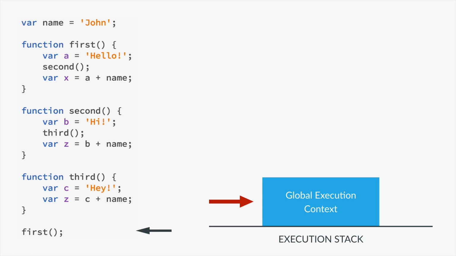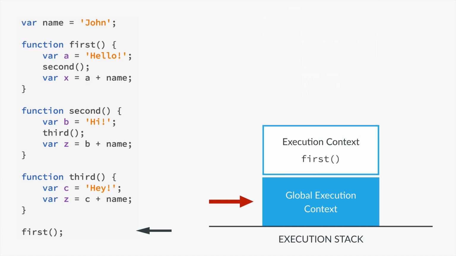And as I mentioned before, a new function gets its new execution context. And what happens is that this new context is put on top of the current context, forming the so-called execution stack. So for the duration of this first function call, the execution context for that function becomes the active context in which the code is executed. Okay, so let's get inside the first function with our arrow.